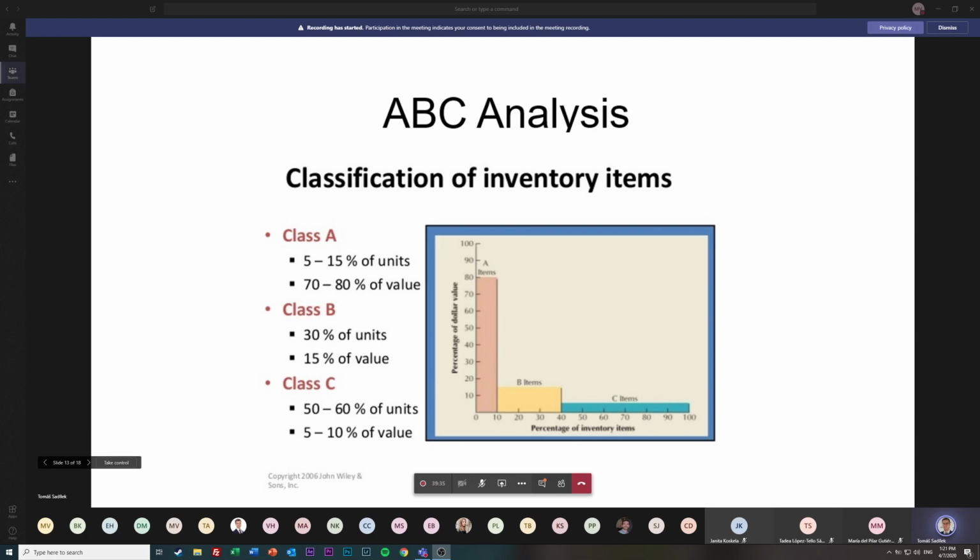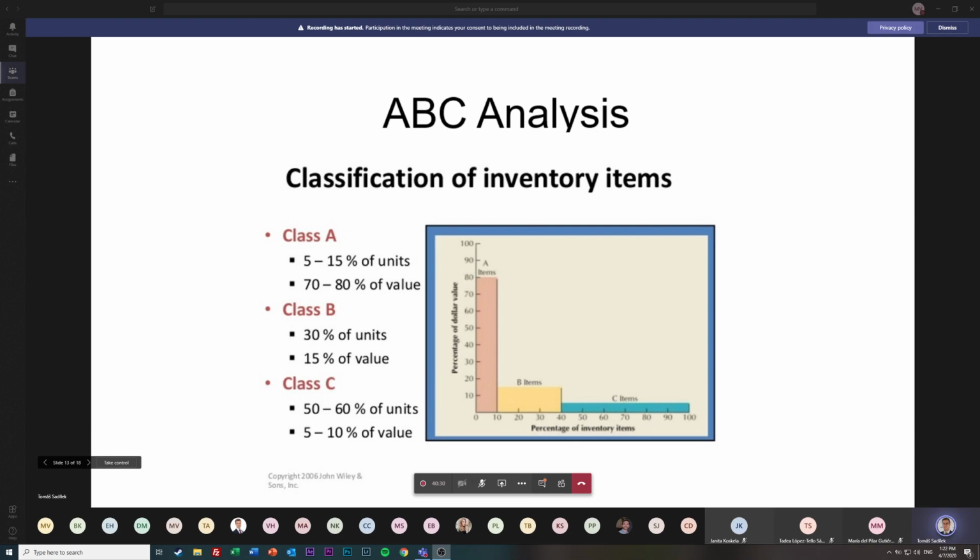It could be some plastic parts, something directly connected with the production of our final products. The class B, those are typically 30% of units that take 15% of total value. So items that are somewhere between A and C, typically some spare parts, some chemicals, some components used with the A items, like some fasteners and other stuff.